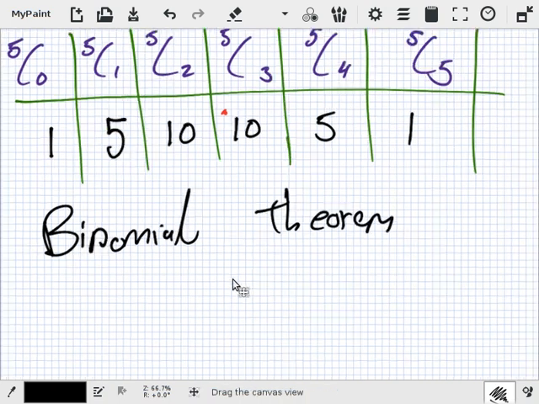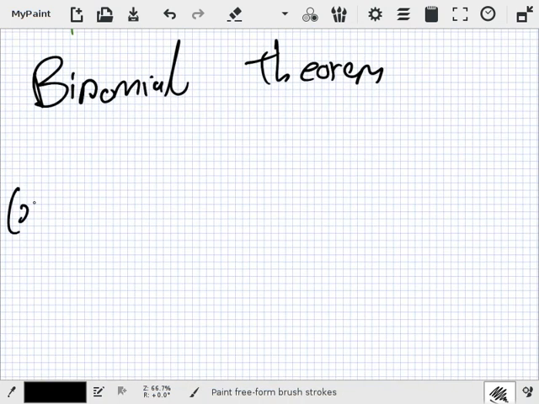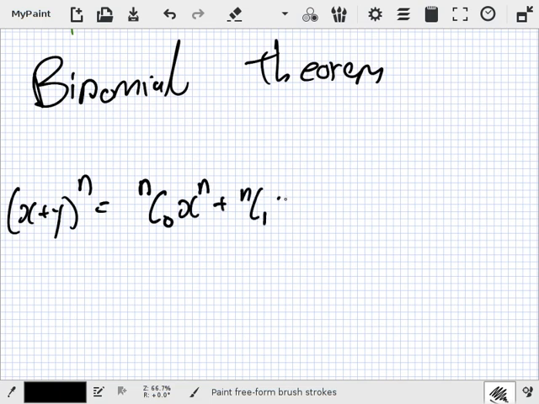which basically says if you want to calculate (x plus y) to the power n, that would be nC0 x^n plus nC1 x^(n-1) y plus nC2 x^(n-2) y squared, and so on.